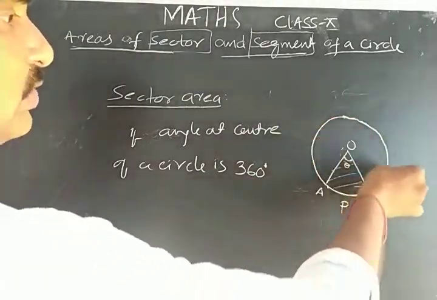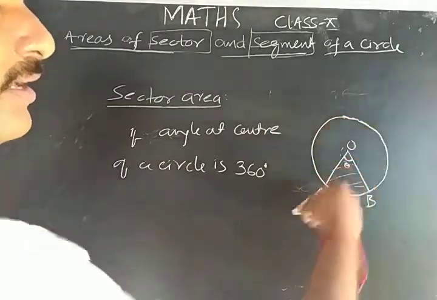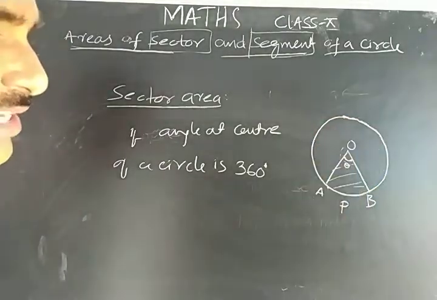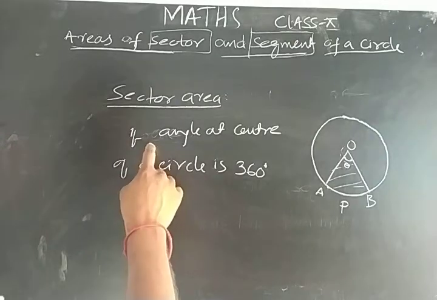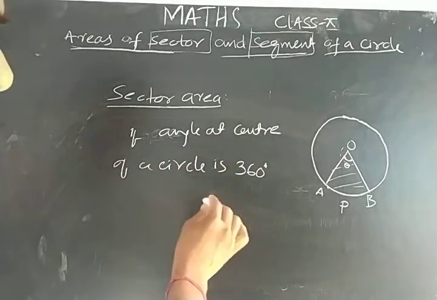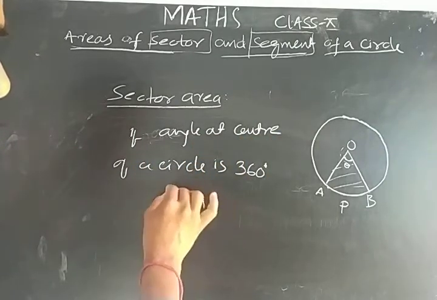If it is total circle, you will get the area of the circle. What is the area of the circle? Pi r square.